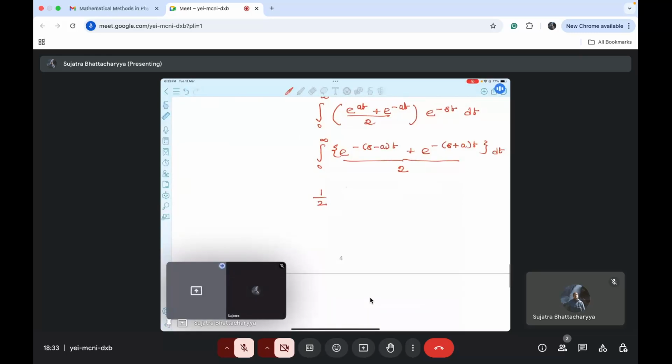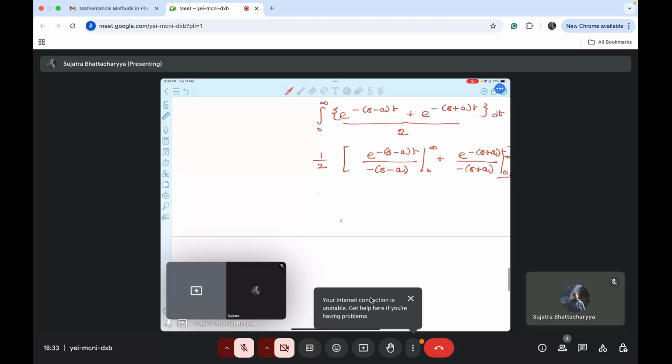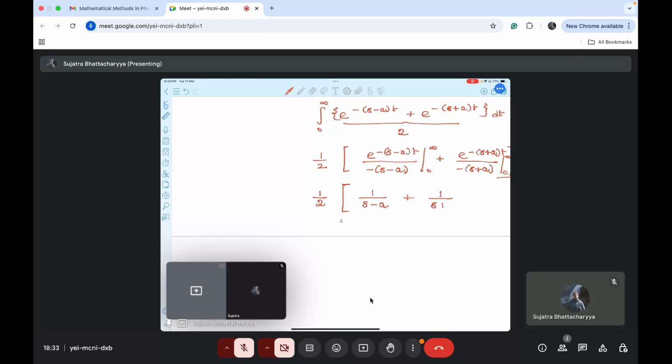The first integral becomes e to the power minus (s minus a)t divided by minus (s minus a), taking the limits from 0 to infinity, plus e to the power minus (s plus a)t divided by minus (s plus a) from 0 to infinity. That's all. Finally, after putting the limits, it comes out to be 1 upon s minus a plus 1 upon s plus a.